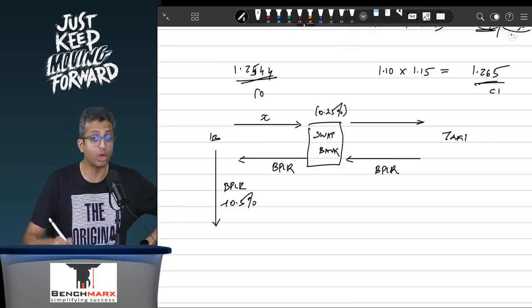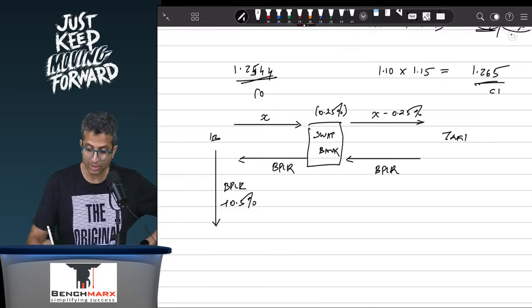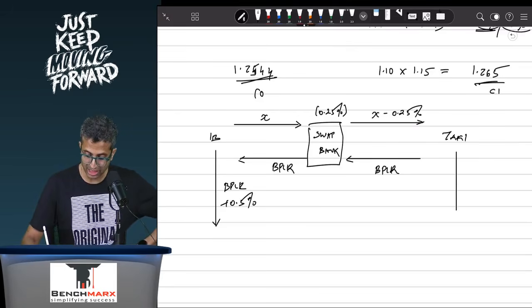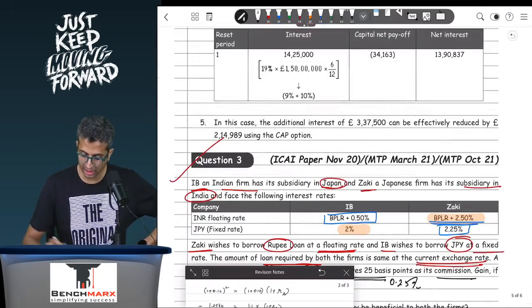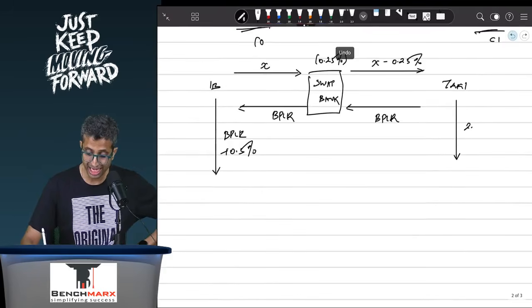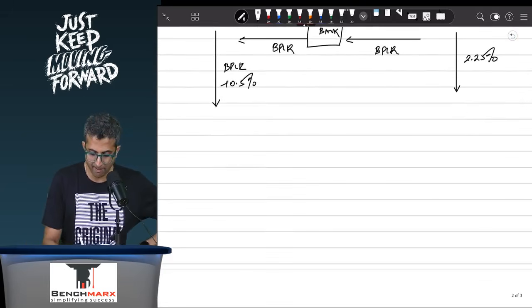Let us say you can even do other permutations and combinations, and hence the swap bank will net pay X minus 0.25% to Zaki. And Zaki is going to borrow at the fixed rate, which is, I think in this question, 2.25%.